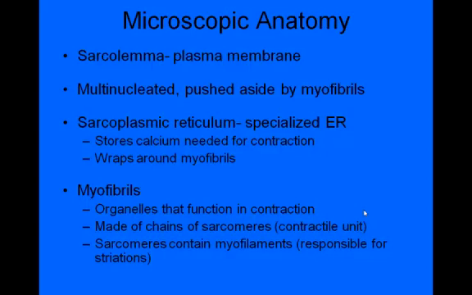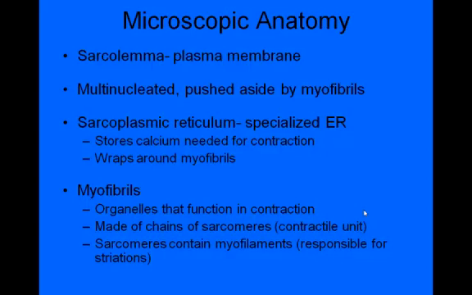Muscle cells are multinucleated, and they're kind of pushed aside by myofibrils, which are organelles. Now, the sarcoplasmic reticulum is a specialized type of endoplasmic reticulum, which is going to store calcium, which is vital for contraction. And it also wraps around the myofibrils, which again are organelles that also function in contraction.